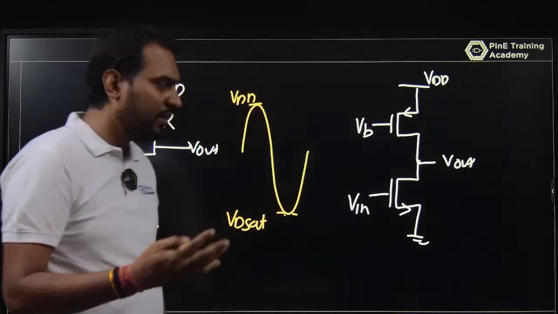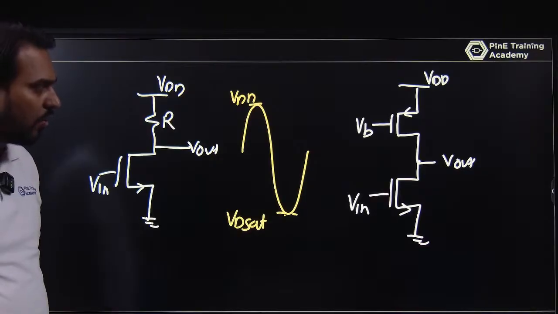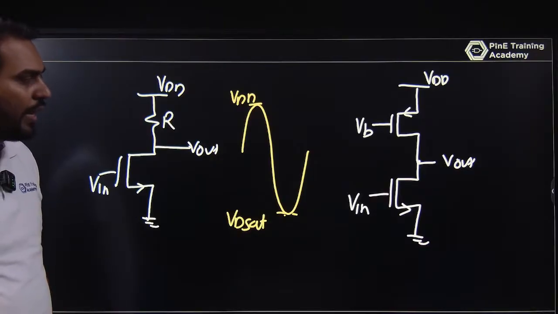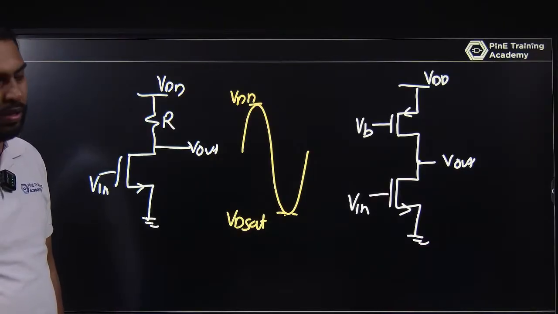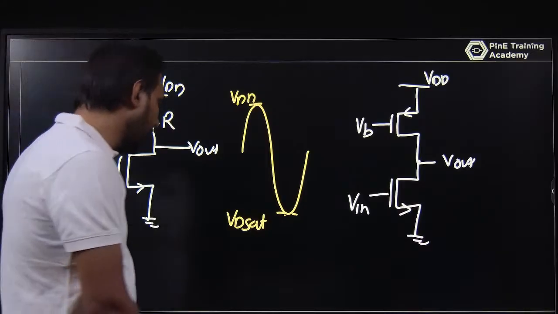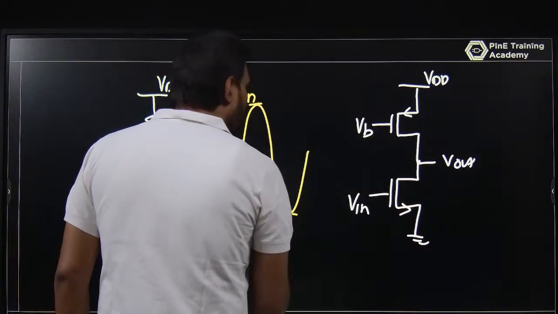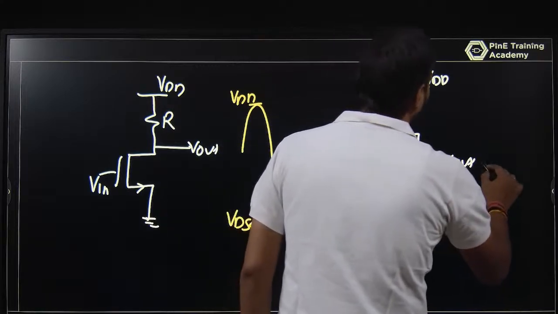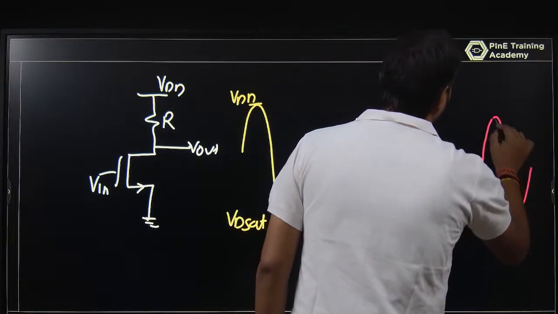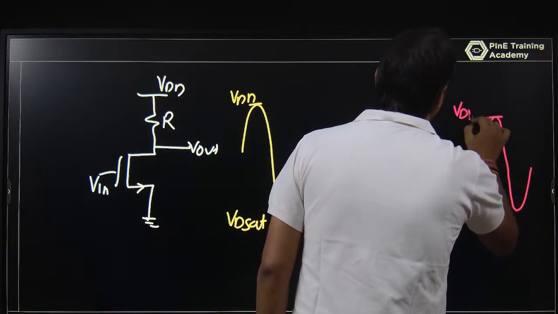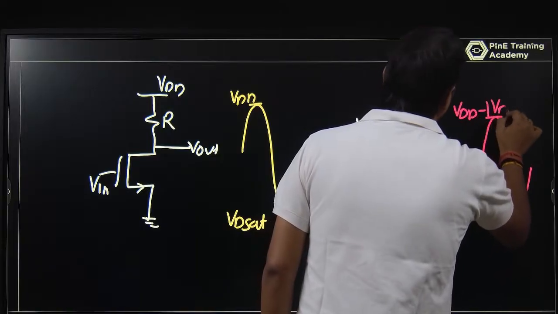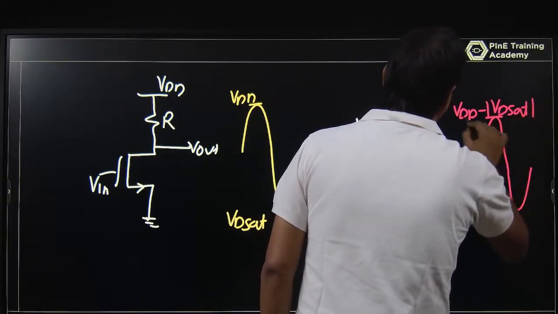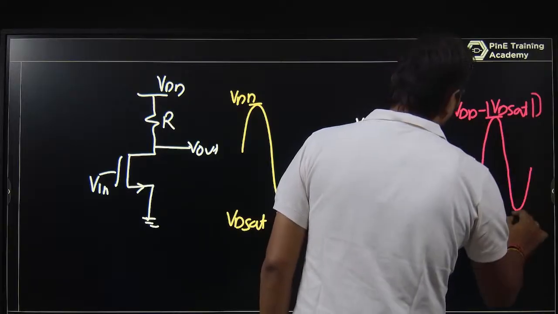Just think like a circuit designer. You are using that load as a current source. So now this will not go to VDD, it has a limitation, that will be VDD minus mod VD sat to VD sat.